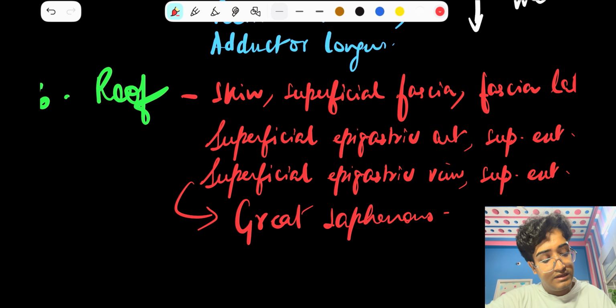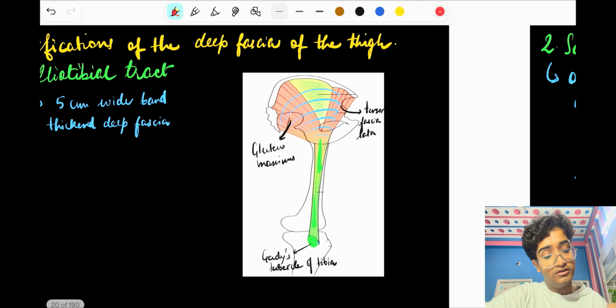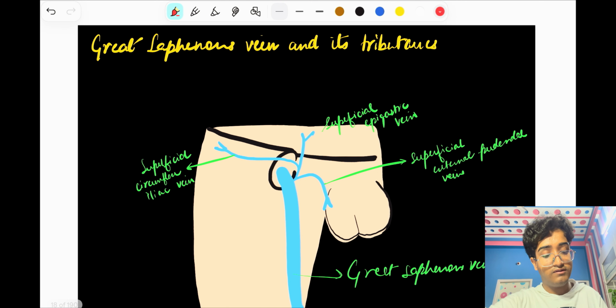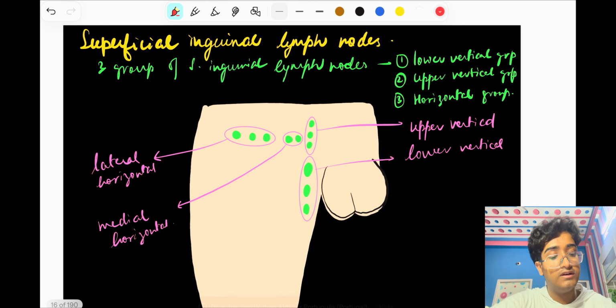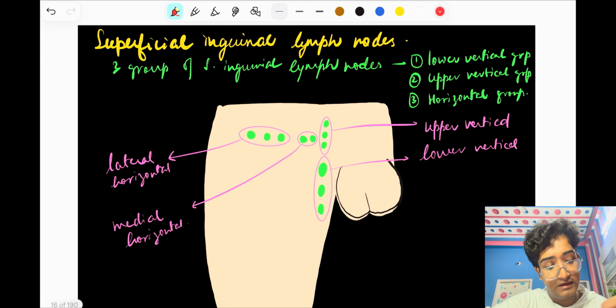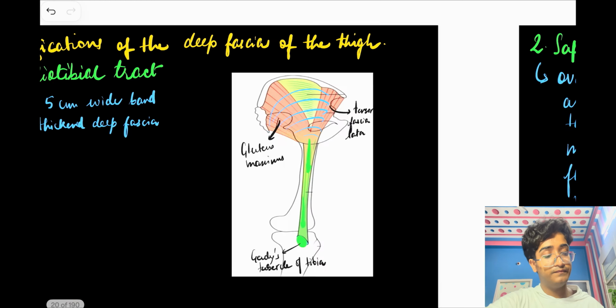And there are lymphatics as well. We have already discussed them in the fascia of the thigh: the superficial inguinal lymph nodes, the lateral horizontal, the upper vertical, the lower vertical, and the medial horizontal.